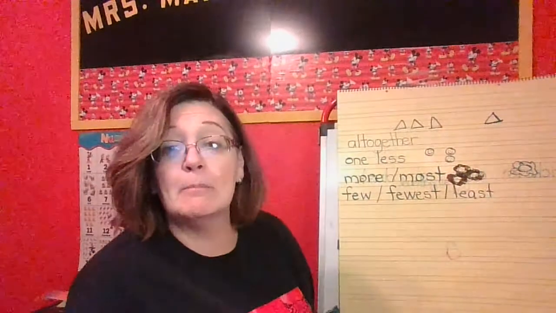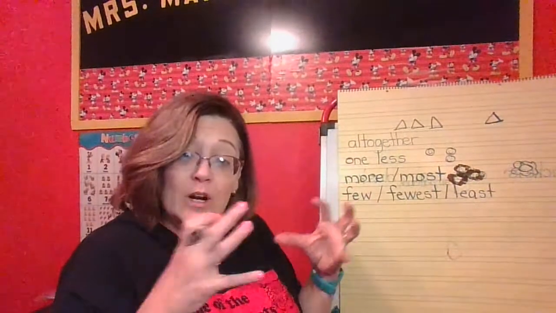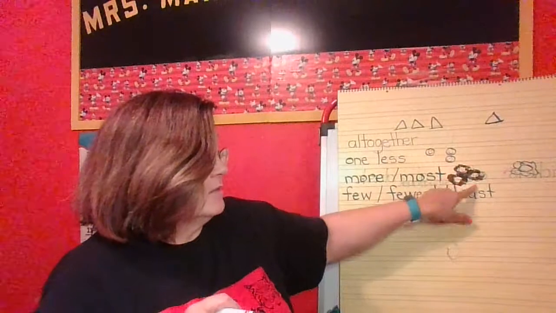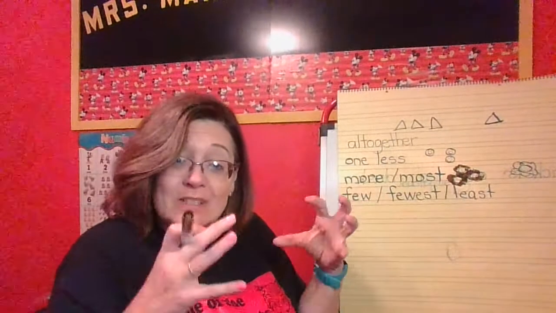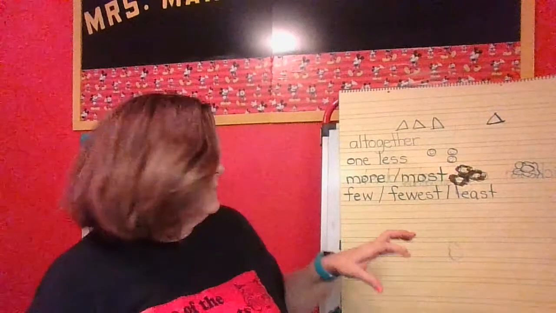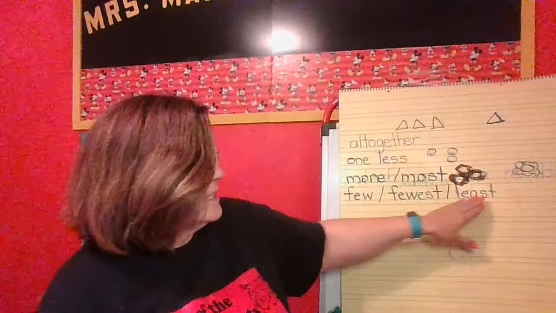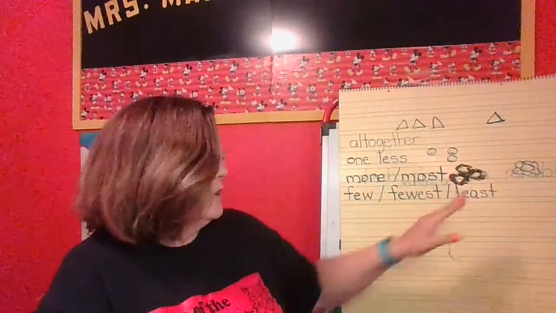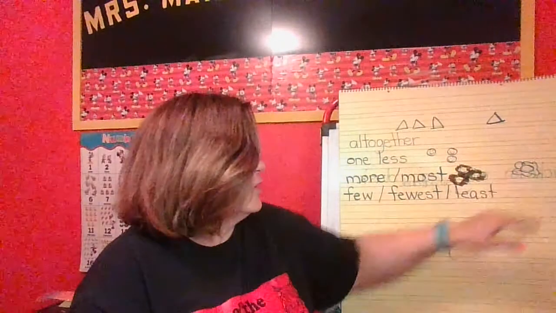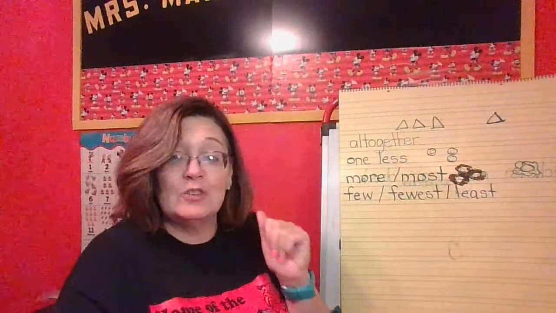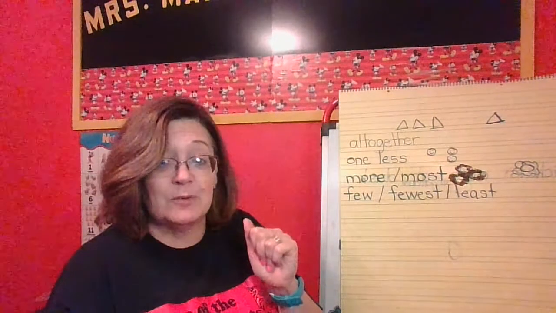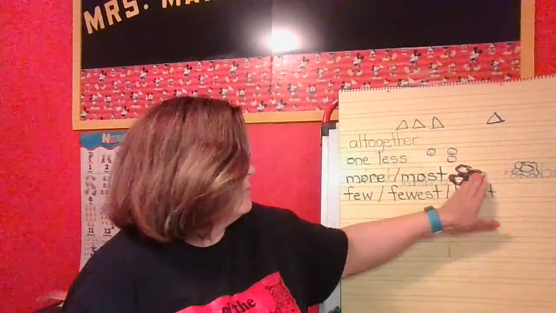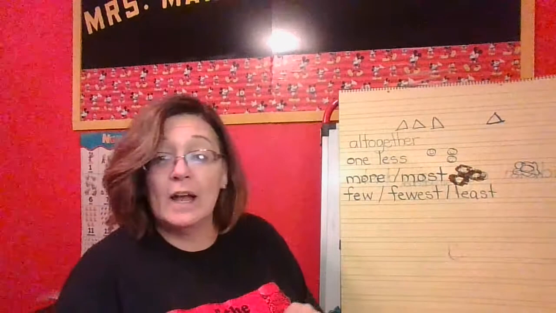Which group has the most? Which one has more? This one. More or the most is bigger. Few, fewest, least. That means smallest amount. Which one is the group that has the least, the fewest, that has fewer? It would be over here, the group that has 1.